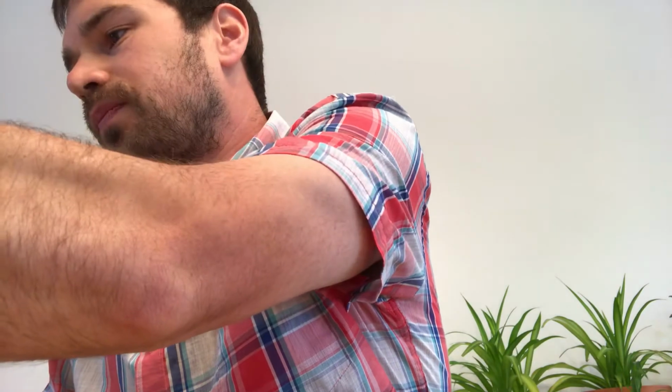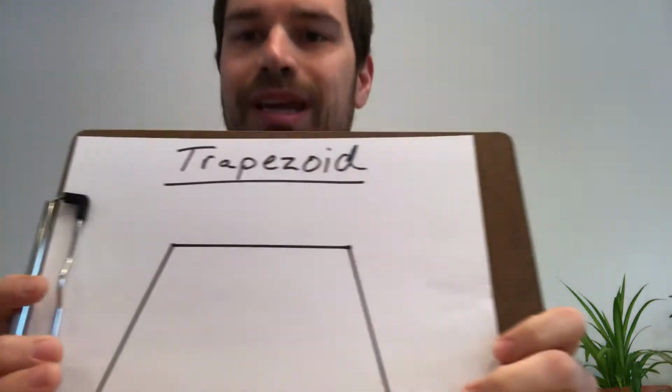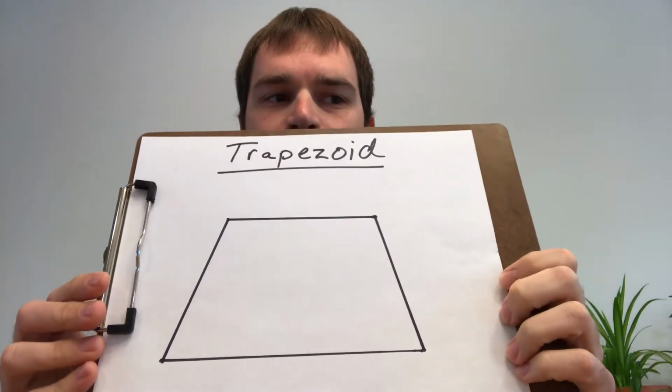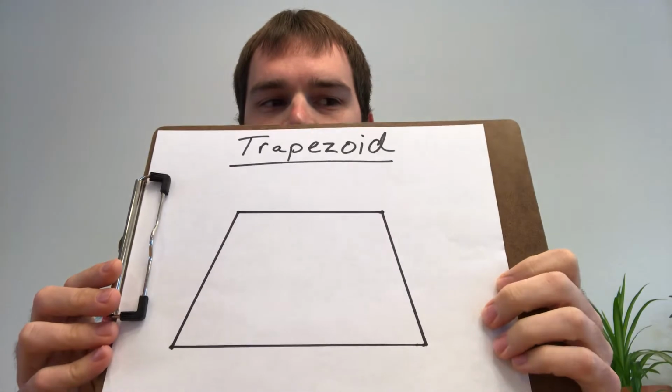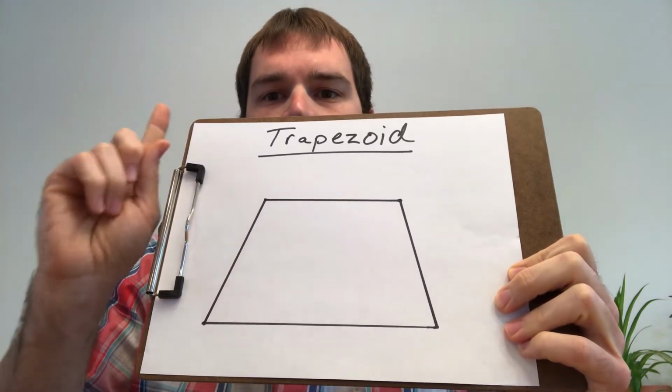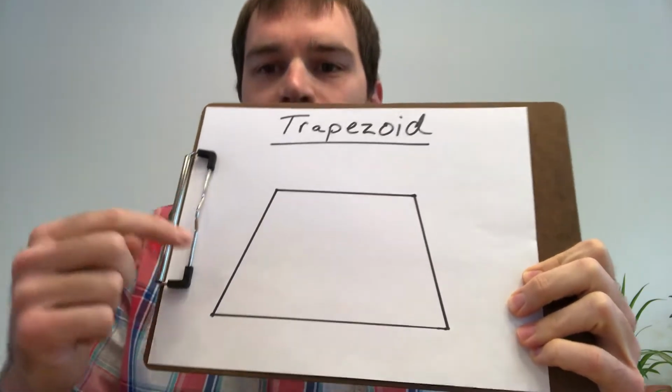So the first one that I want to take a look at today is this figure, the first of 5 figures that we'll look at. And this one is a trapezoid, okay? You'll know it's a trapezoid if it only has one pair of parallel lines. Now let's look at the lines.